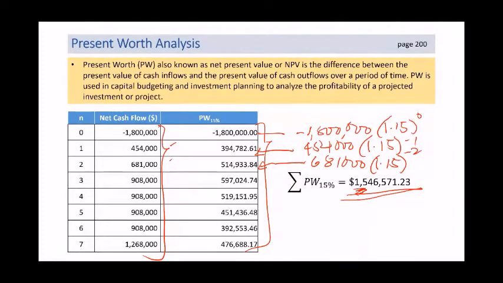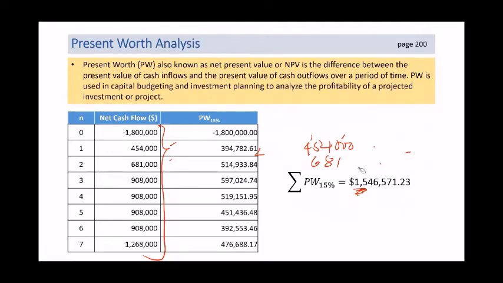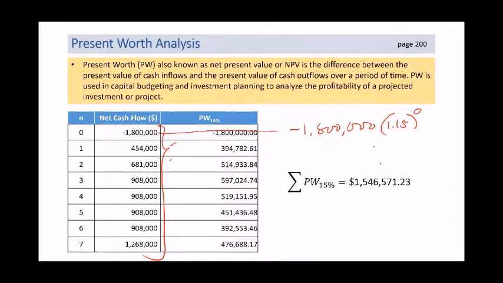How to get PW for this example? Okay, compute for the P. So you are bringing all these values to year 0. So here, that one is negative 1,800,000 multiplied by 1.15 raised to 0. This one is 454,000 multiplied by 1.15 raised to negative 1.